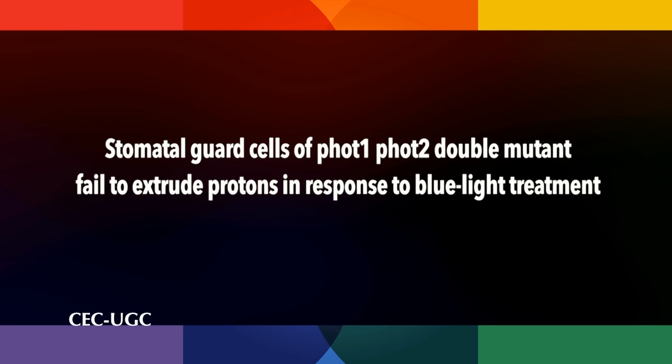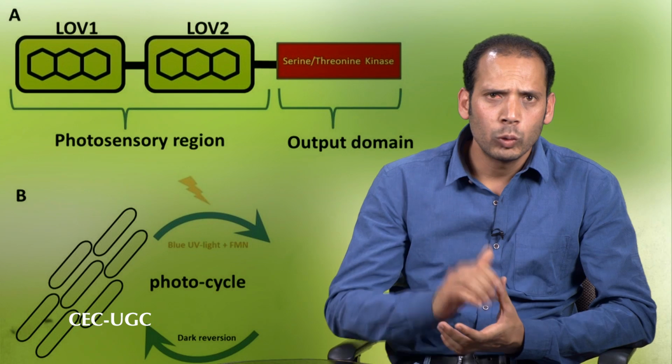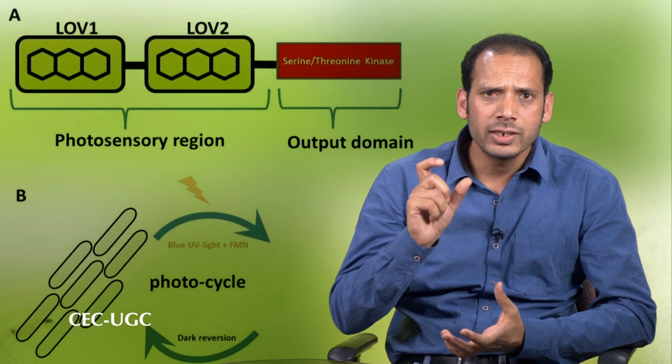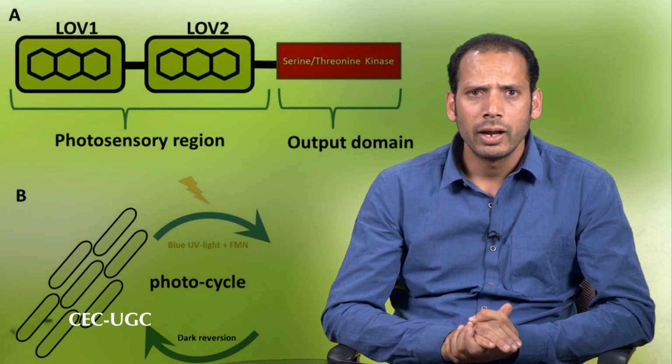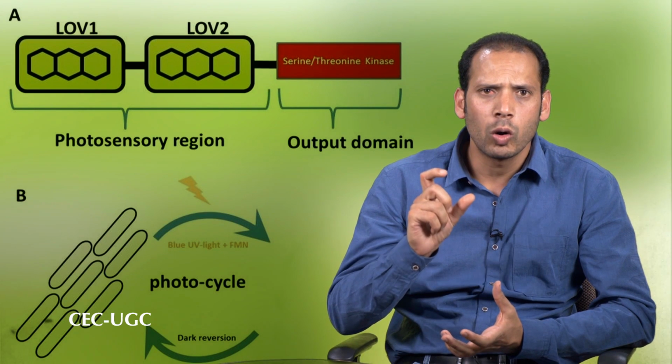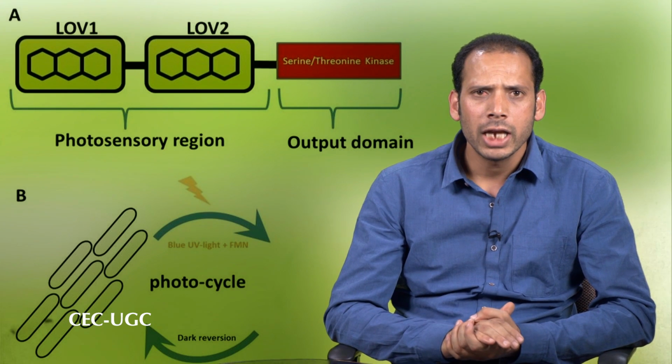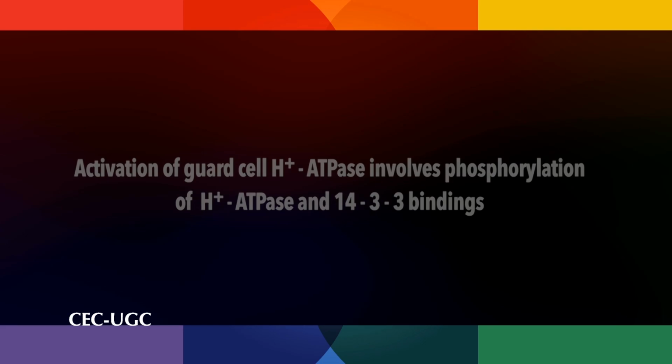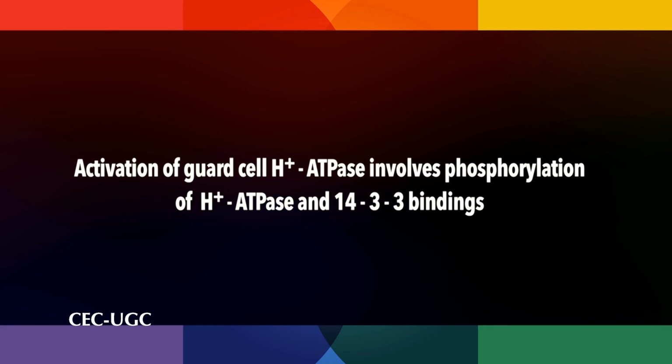Stomatal guard cells of the Phot1 and Phot2 double mutant fail to extrude protons in response to blue light treatment. Proton extrusion is essential for stomatal opening and involves the activation of the plasma membrane H ATPase. Activation of guard cell proton ATPase involves phosphorylation of the proton ATPase and 14-3-3 binding.